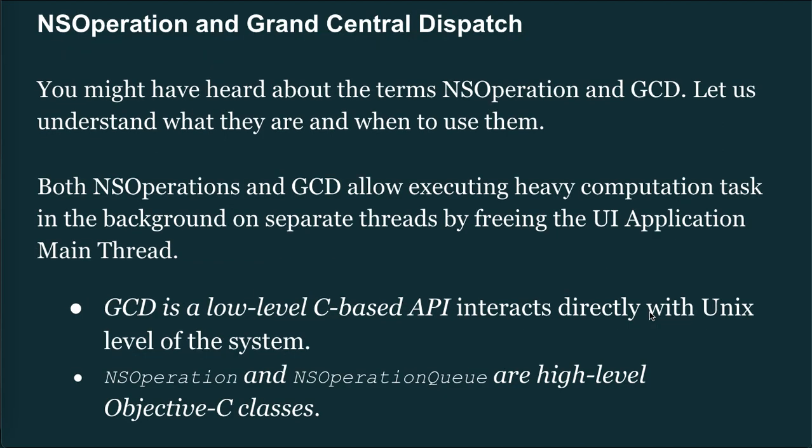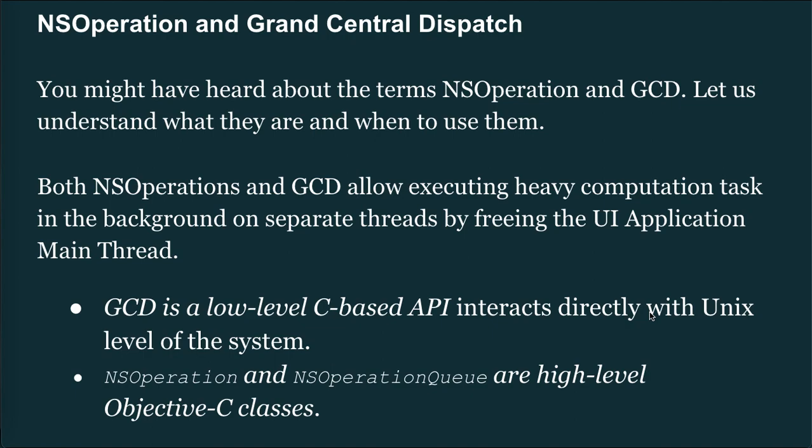NSOperation and Grand Central Dispatch. You might have heard about the terms NSOperation and GCD. Let us understand what they are and when to use them. Both NSOperation and GCD allow executing heavy computation tasks in the background on separate threads, freeing the application's main thread.